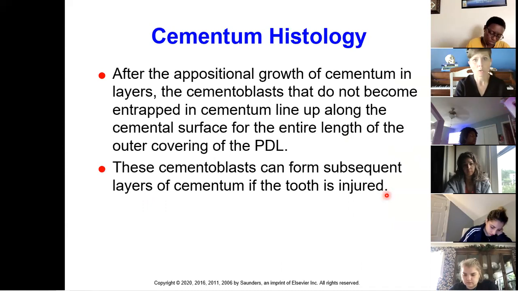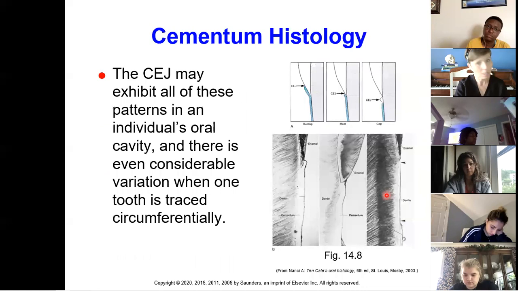All right, so here's something that I think you should know about the cementum histology and the CEJ. The CEJ can either be overlapping, they can meet, or there can be a gap.